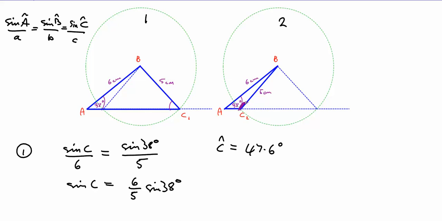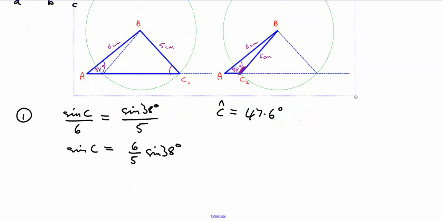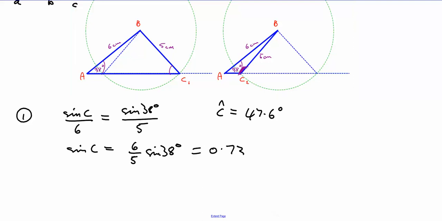In the second case we have an angle greater than 90. So what is this angle? Now sine C, 6 over 5 sine 38, comes to about 0.739, which gave us C equals 47.6.